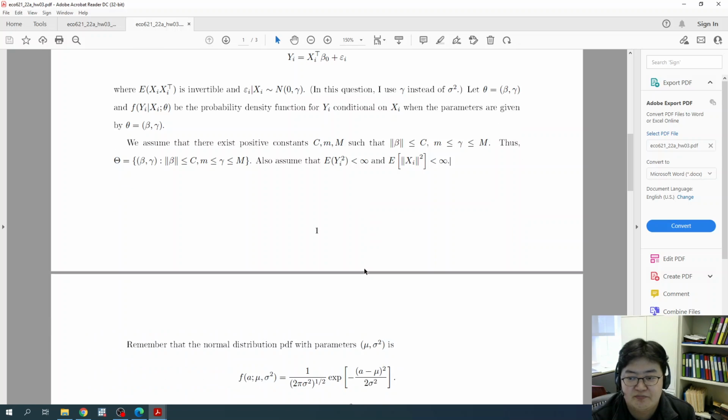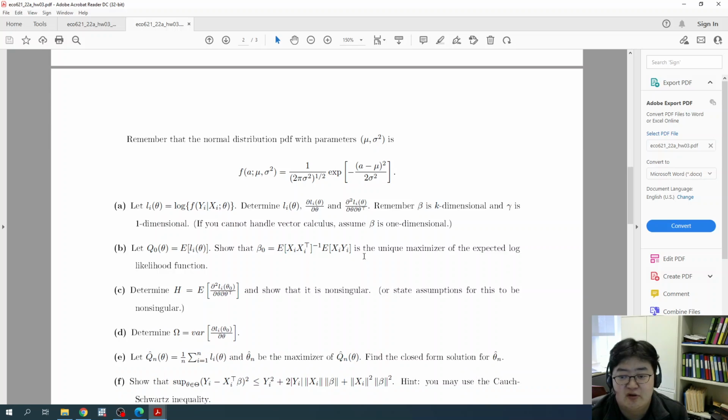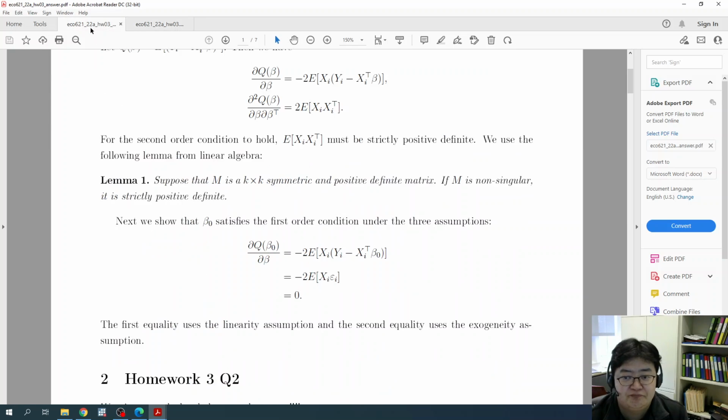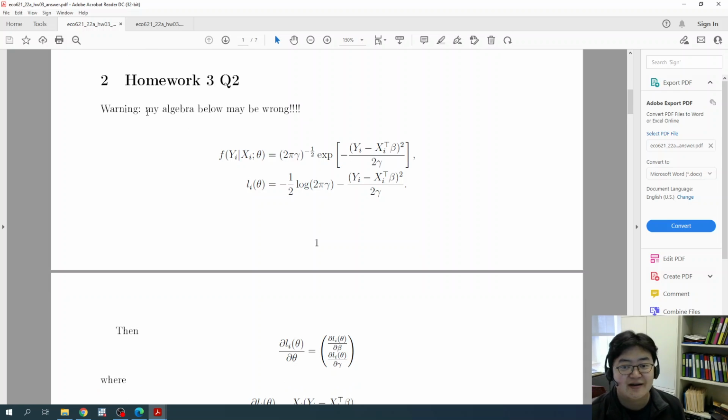Okay, then the normal distribution PDF is like this. Have a look at that. I will do it one by one. By the way, this is just my answer. I tried the homework as if I were a student answering that question.